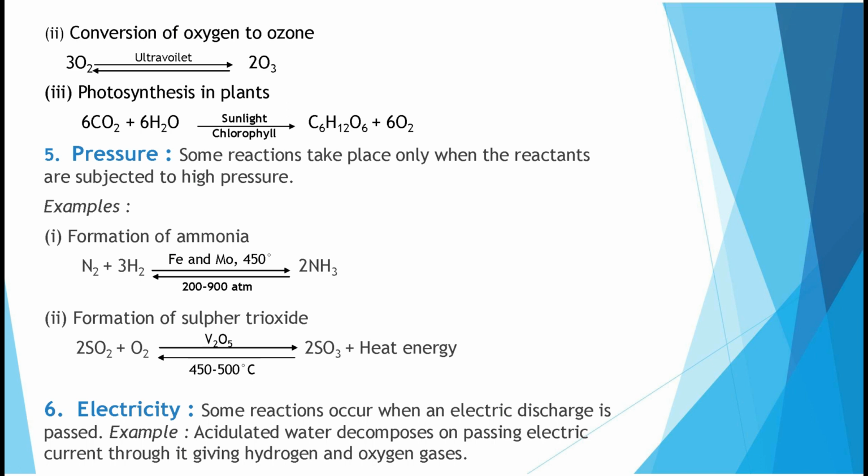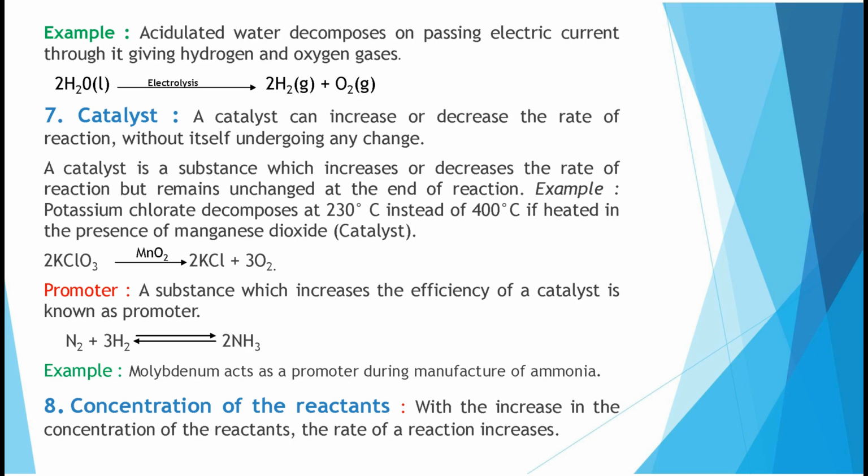The next condition is electricity. Some reactions occur when an electric discharge is passed or in the presence of electricity. Now we come to the example of the electric condition, or electrolysis. Acidulated water decomposes on passing electric current through it, giving hydrogen and oxygen.